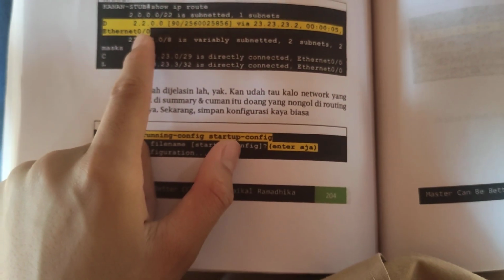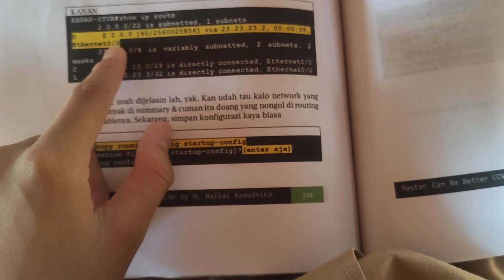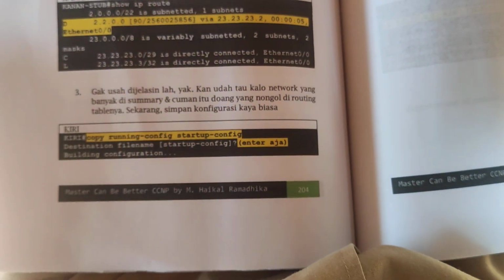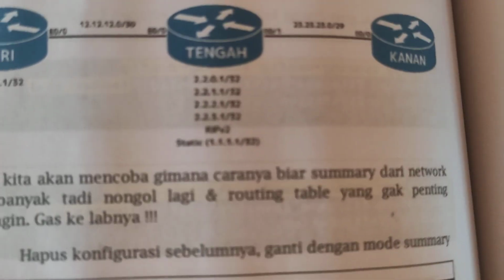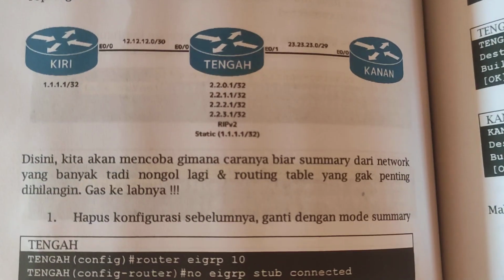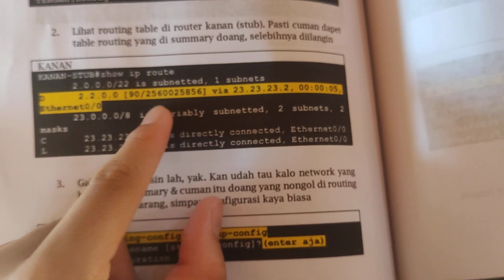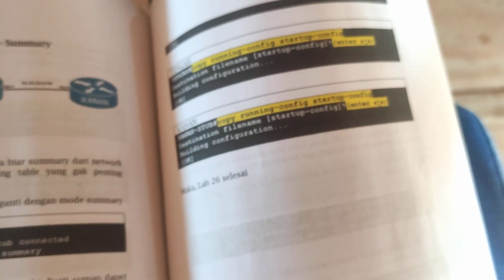Just there is the IP address 2.2 and 0.0, because it is already summarized. Before there were many IP addresses, and because of the summary this makes it a little bit smaller. If you are ready, you can save it.